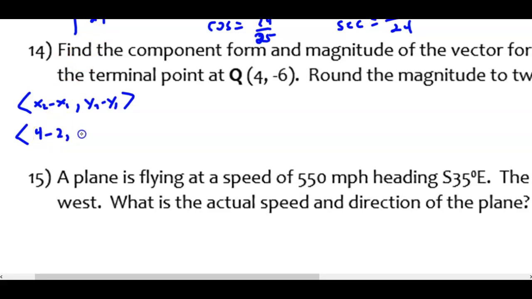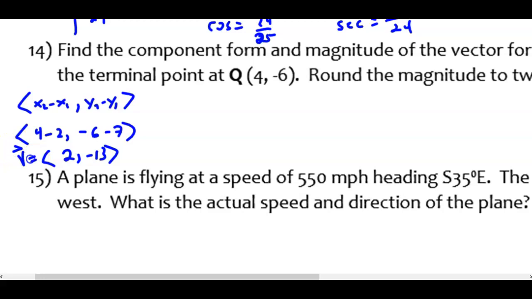And y2 is -6, y1 is 7: -6 minus 7. So 4 minus 2 is 2, and -13. There's our vector. I'm going to call this v.